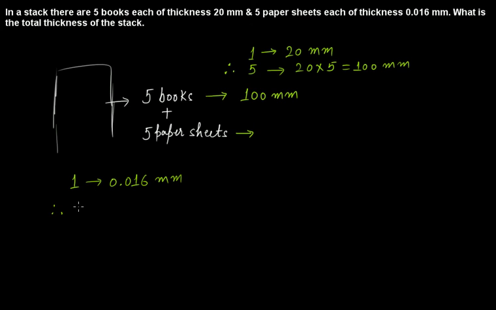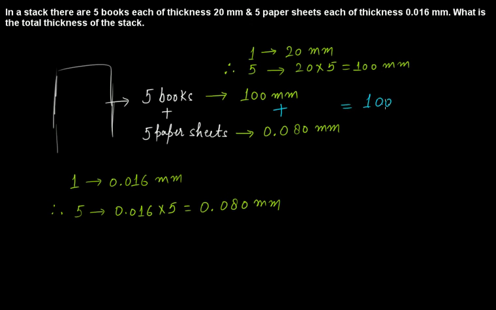Therefore, the thickness of 5 paper sheets will be 0.016 multiplied by 5, that is 0.080 millimeter. Okay, now since you have to add them together, if you add these two numbers, you get 100.080 millimeter.